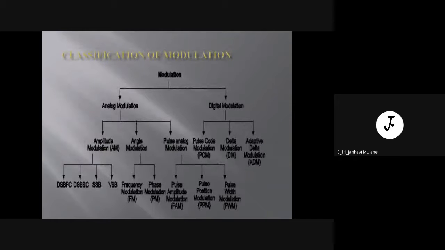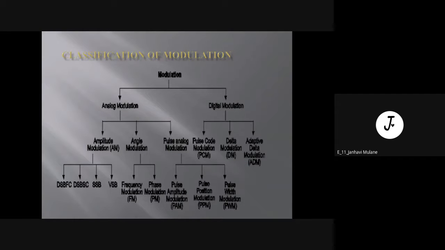Classification of modulation. Modulation can be classified into two: analog modulation and digital modulation. Analog modulation is further classified into amplitude modulation, angle modulation, and pulse analog modulation. Amplitude modulation is classified into four types. Angle modulation is further classified into frequency modulation and phase modulation.